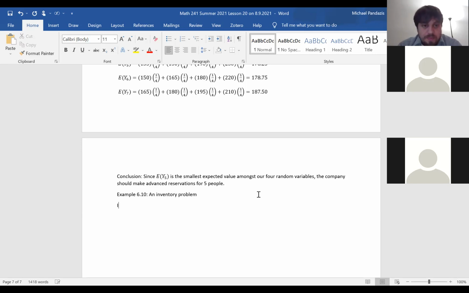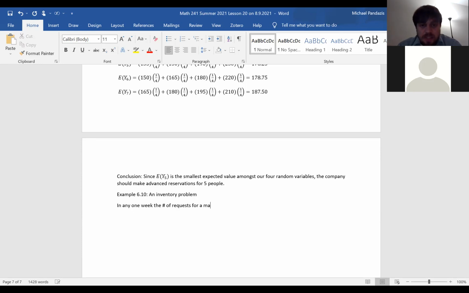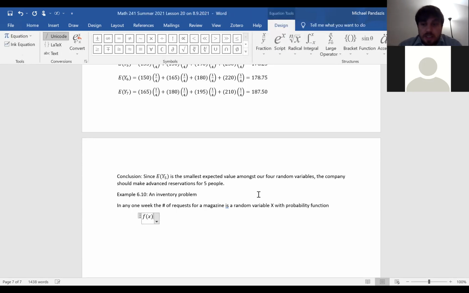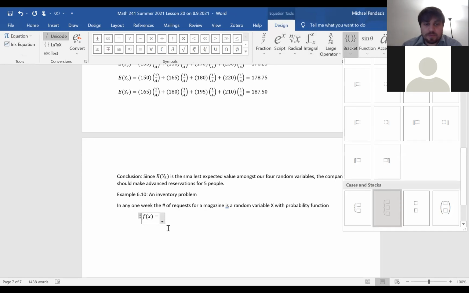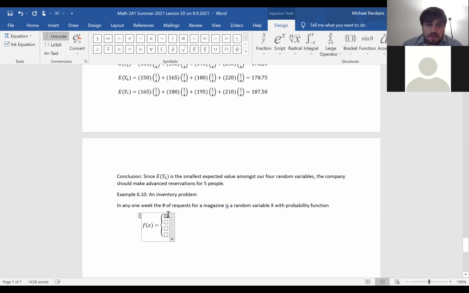And so this is example 6.10. This is an inventory problem. In any one week, the number of requests for a magazine is a random variable X with probability function f of x, which is equal to the following.